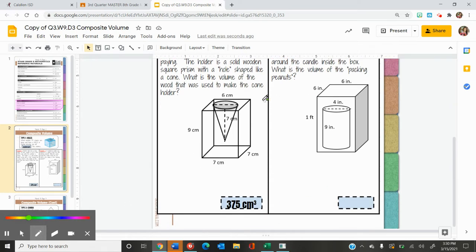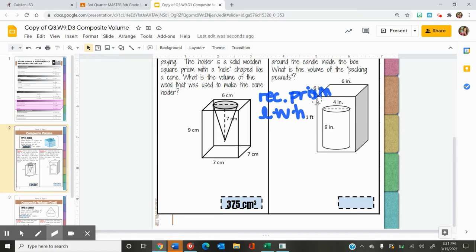I want to see how much I can fit in there. So my first step again is to find the volume of the rectangular prism. I can find the volume of a rectangular prism by doing length times width times height. Here it tells me that I have 6 inches by 6 inches, and then I have a foot. So before I can continue, I need to convert this to inches, because if you notice, the rest of my units aren't inches.